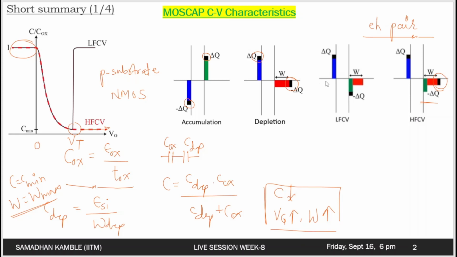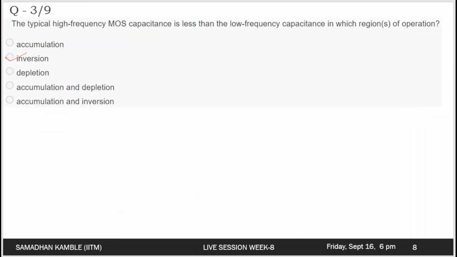So only in the inversion region the timing, or say the frequency, matters, and not in the accumulation and the depletion regions. Hence, you can see that in the inversion region, the high frequency characteristics is lower than the low frequency characteristics and not in the other regions. So that's what is asked.